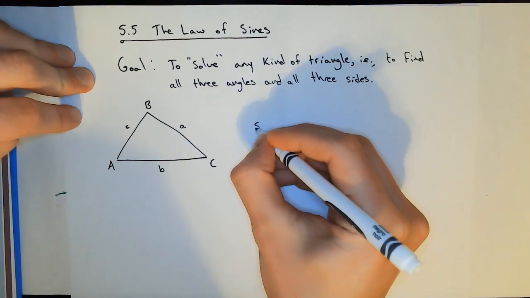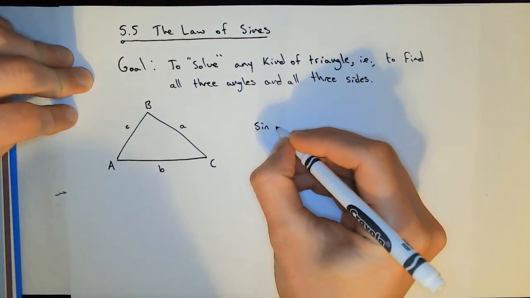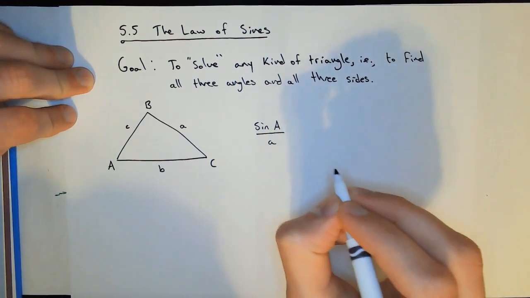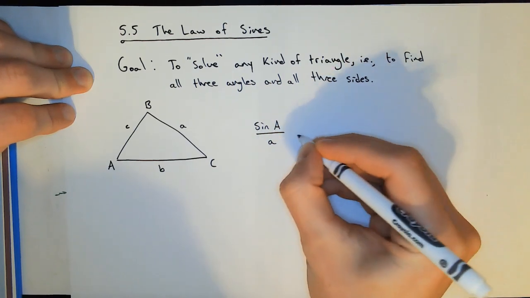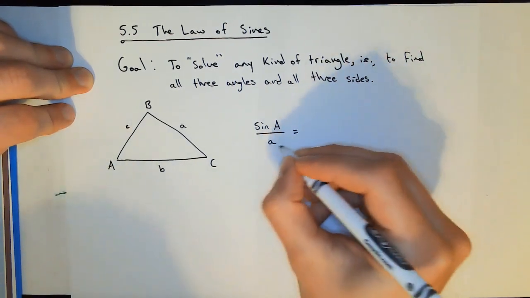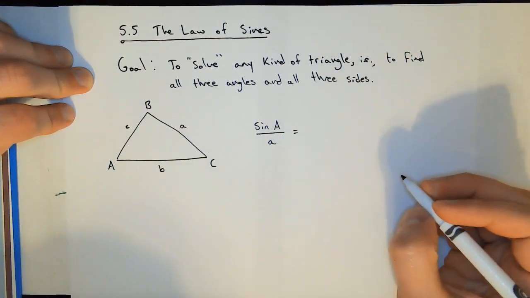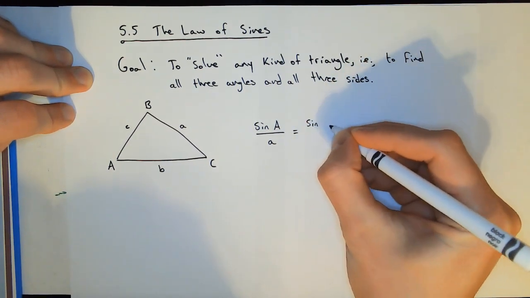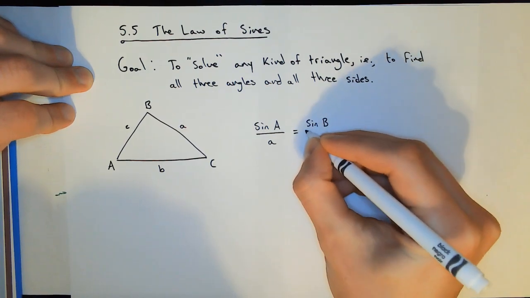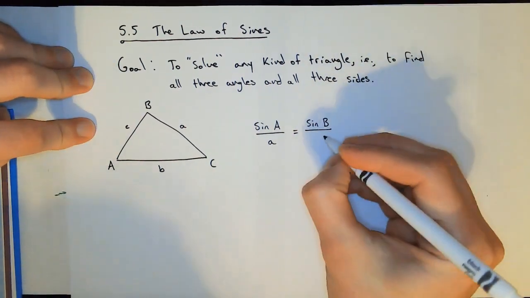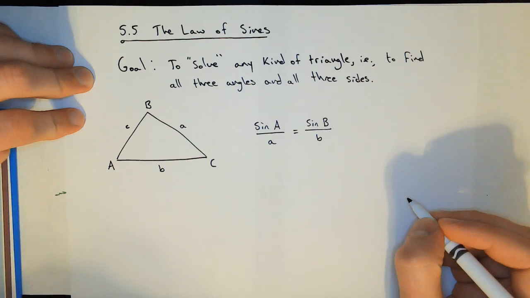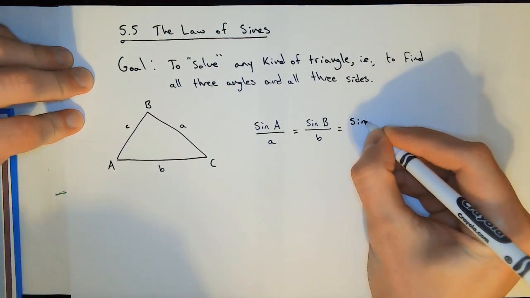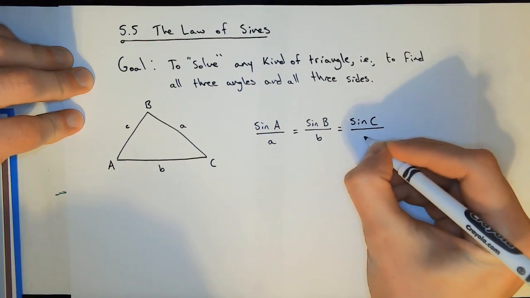It says the sine of angle A over side length a is equal to the sine of angle B divided by side length b, and is equal to sine of capital C over lowercase c.